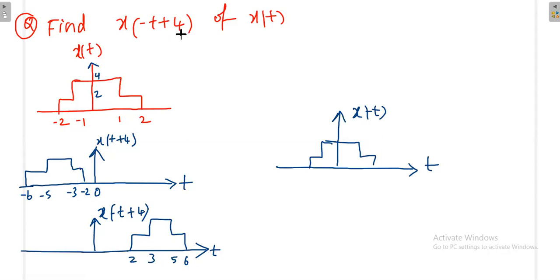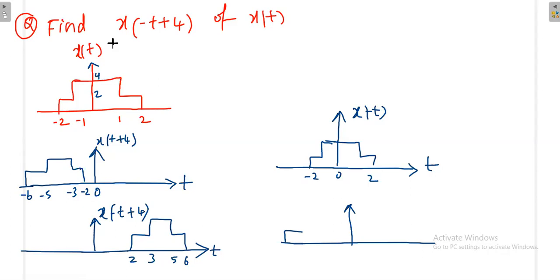That means I have to move my diagram towards the left. Once I move this diagram towards the left, I am getting these values: minus 2, this is 0, this is 2.